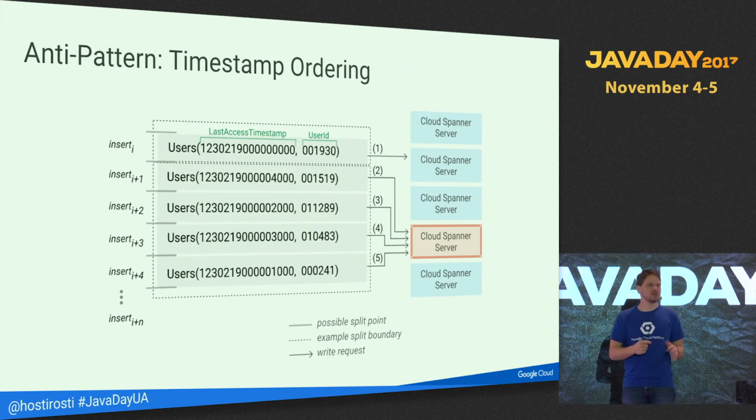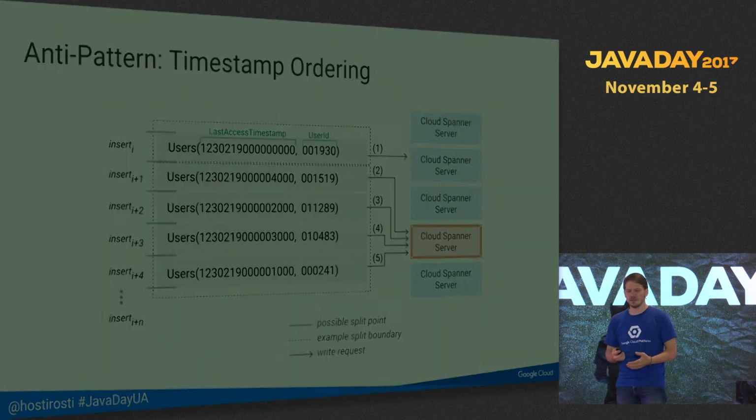Now, every time I do this update, since we store and split our table lexicographically, it basically means that all these updates go to the last split, and I'm hotspotting on that split. And by that, you restrict your scalability.